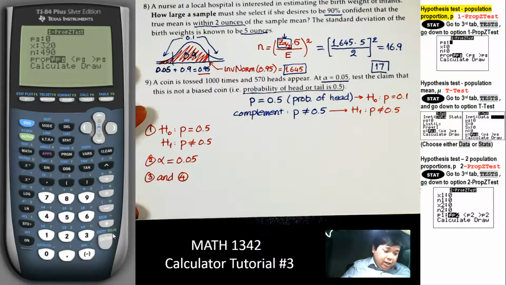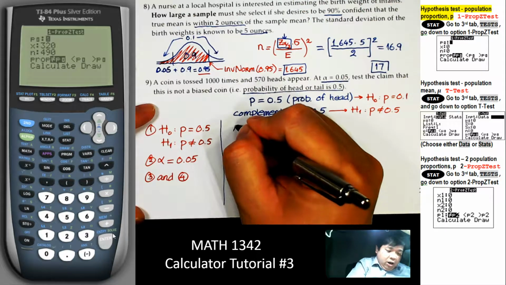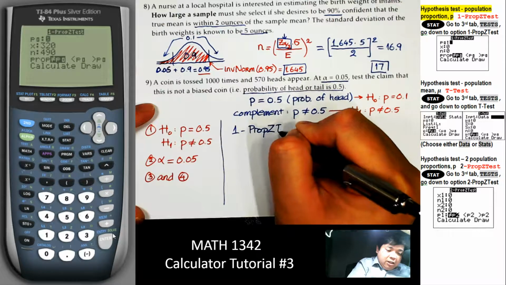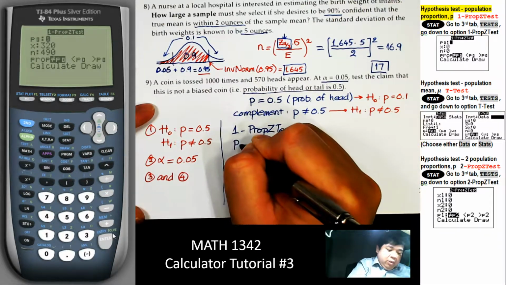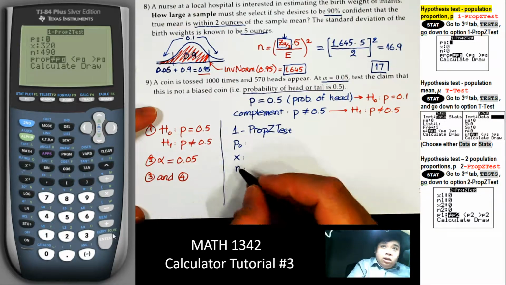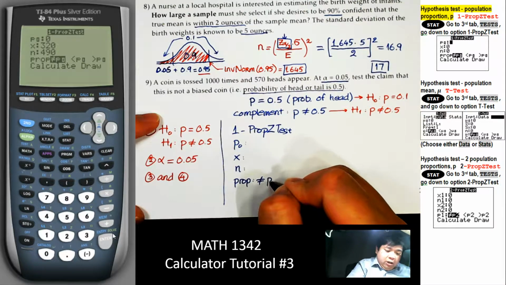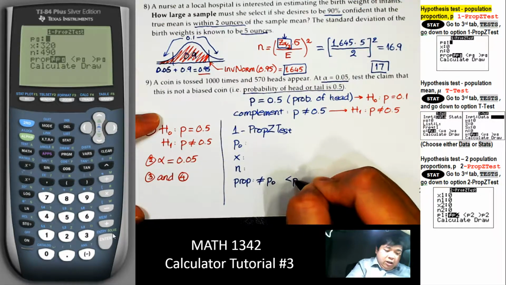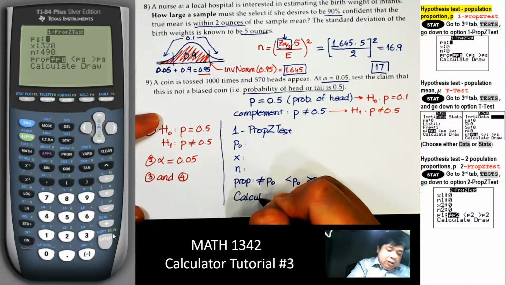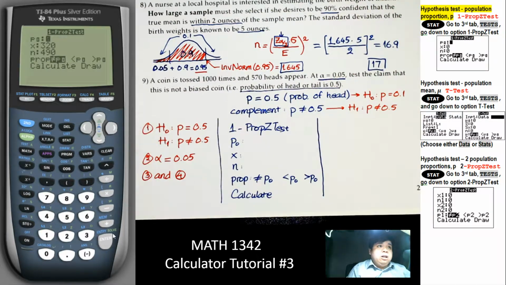Now I just write that step down. One proportion z test. We need to indicate p naught, x, and whether the proportion is not equal to p naught, less than p naught, or greater than p naught, and then calculate. So that will be on the calculator.